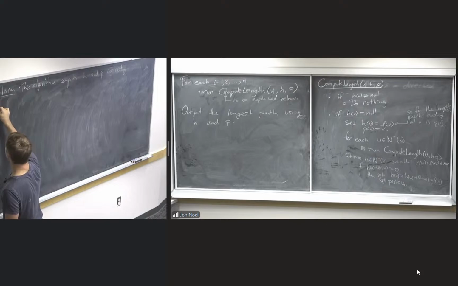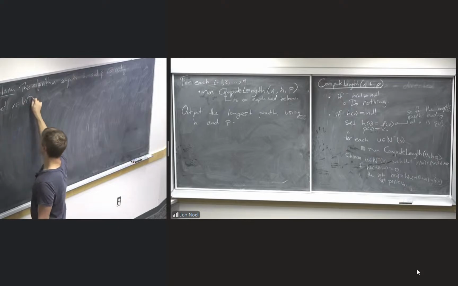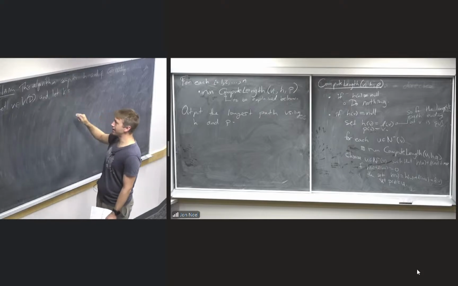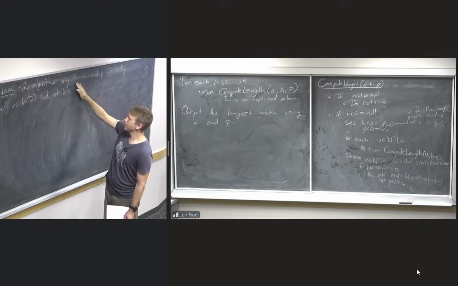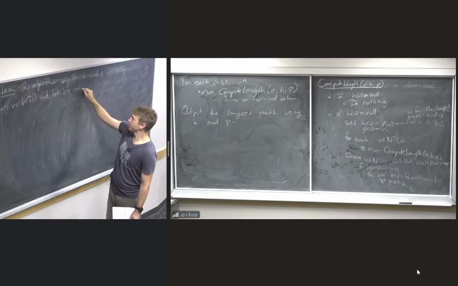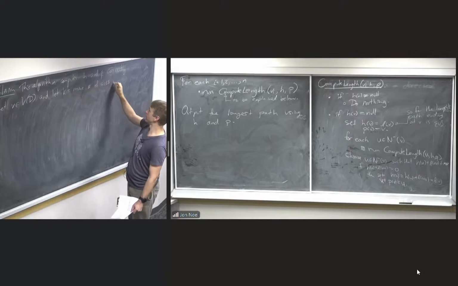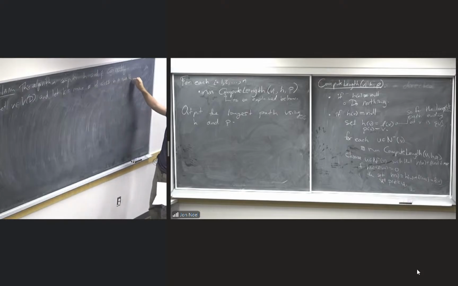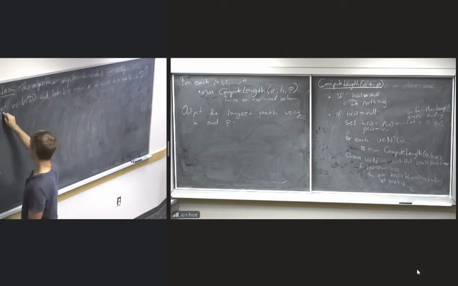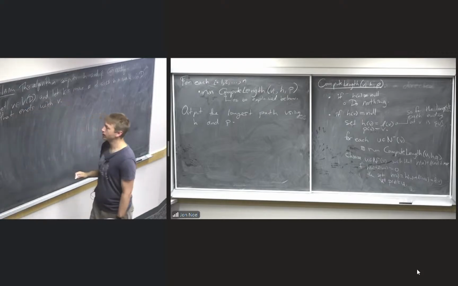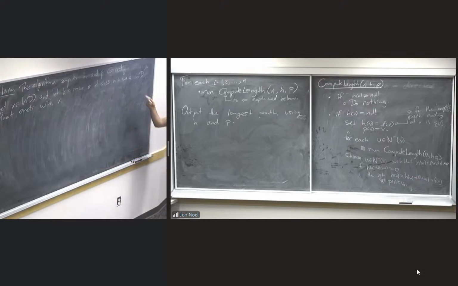Okay, so let V be a vertex of the digraph, and let K be the maximum number of arcs in a walk in D that ends with V. I don't want to use the word length because length has a different meaning in this problem.